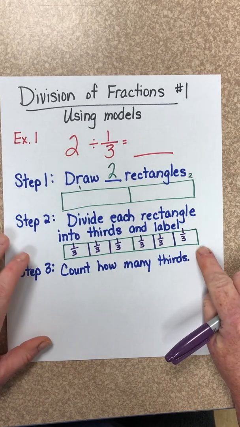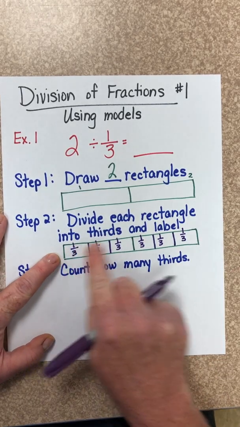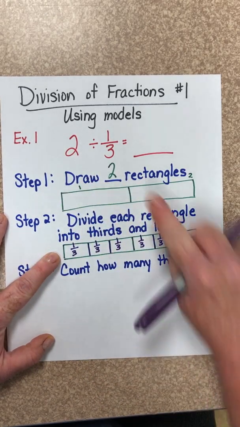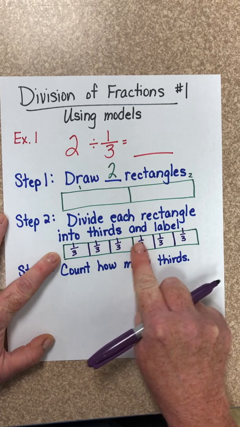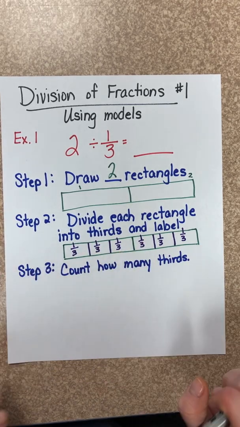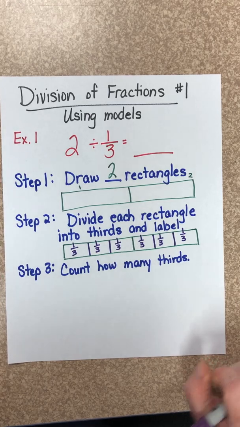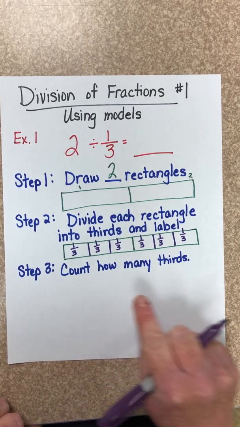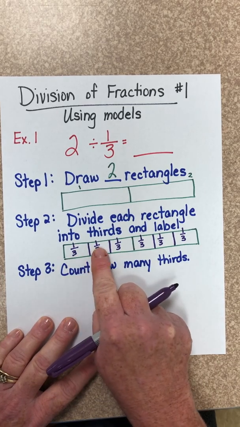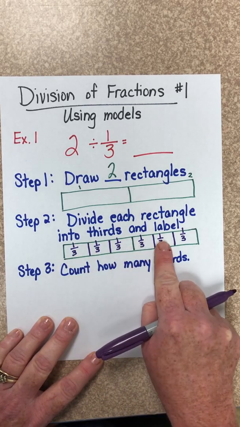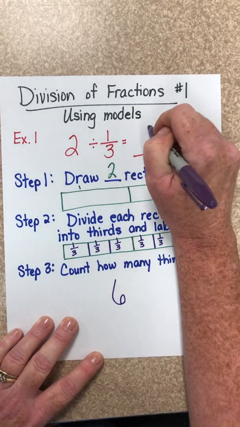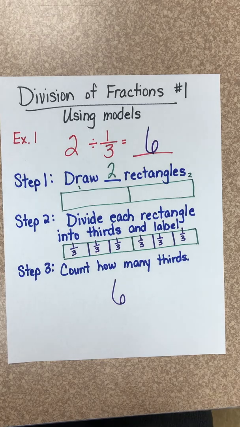So let's just quickly review here. 2, that would be the 2 big rectangles. That's our dividend. The divisor is 1/3, so we're dividing each rectangle into thirds. Now, what's the answer using the model? Well, it's easy. All you do is count how many thirds. 1, 2, 3, 4, 5, 6. That's your answer. Answer is 6.